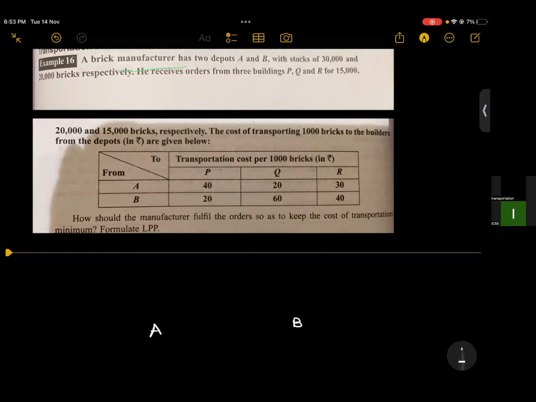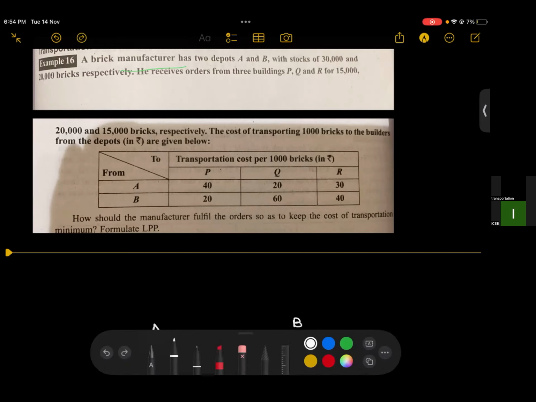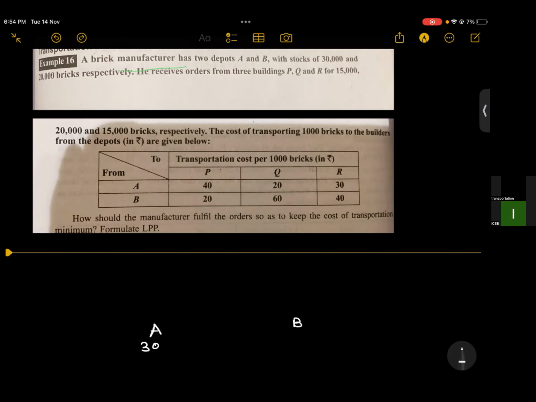So since you're taking everything with respect to 1,000 bricks, I'm going to divide each. Say A has 30,000, I'm going to divide it and make it 30. Since B has 20,000, I'm going to make it 20.